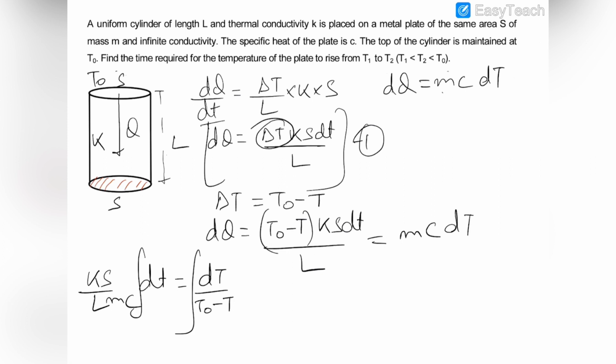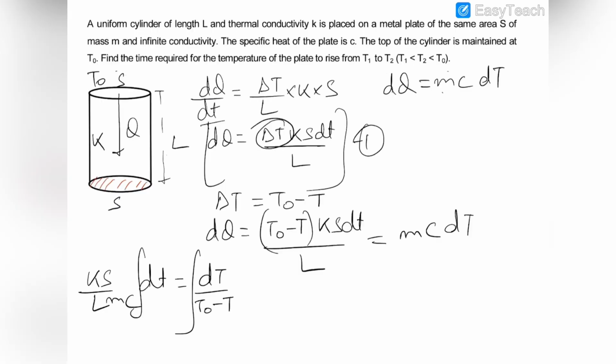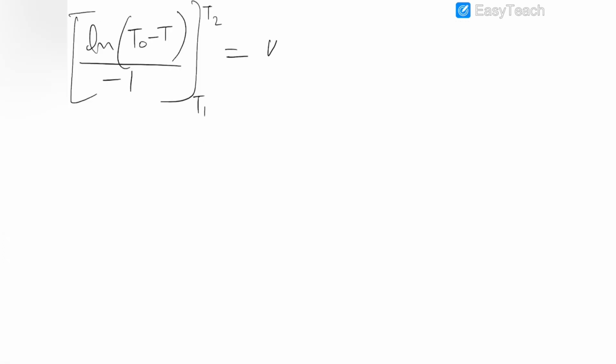Now you can see that the integration of the temperature term would be ln (T0 minus T) divided by minus 1, and the limit of this would be from T1 to T2, and on the other side of the equal to, the limit would be from 0 to t, and it would be Ks by LMC into t.